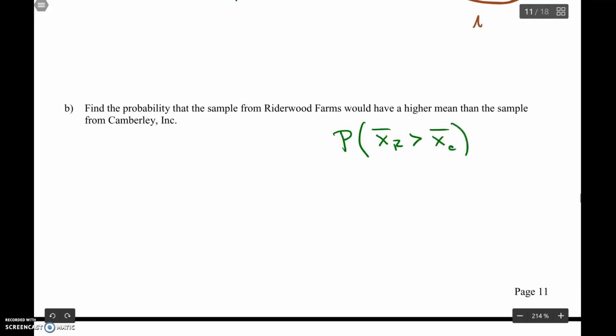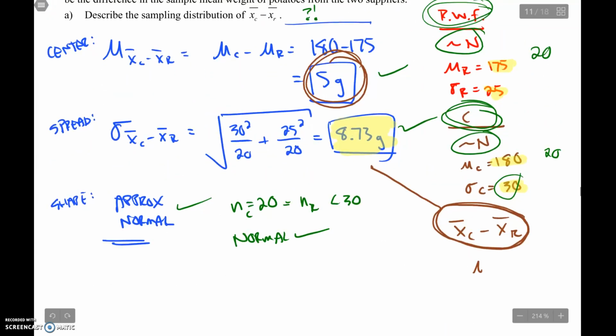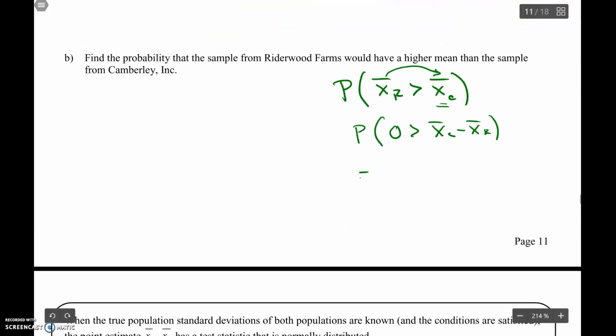Okay. Find the probability that the sample from Riderwood would have a higher average than the sample from Camberley. All of this was looking at the distribution of X bar C minus X bar R. So I'm asking you to find the probability that X bar C minus X bar R is less than 0.